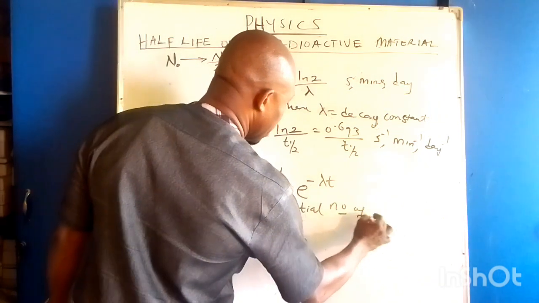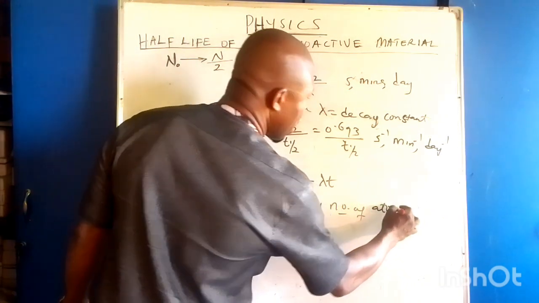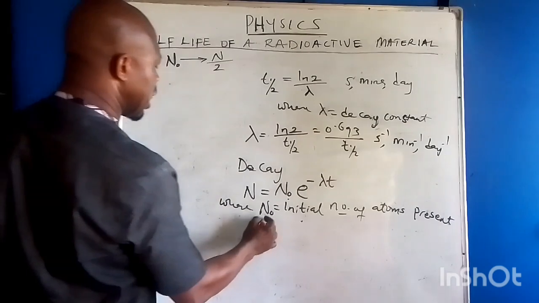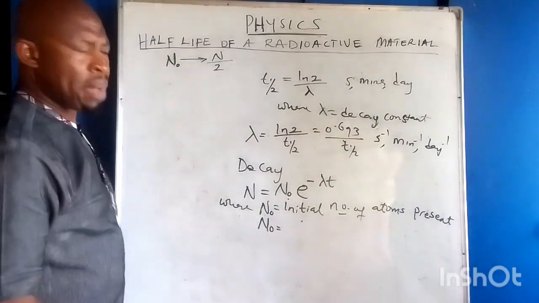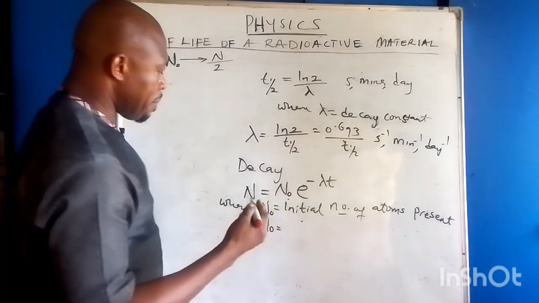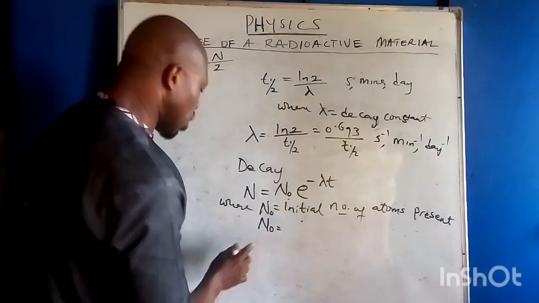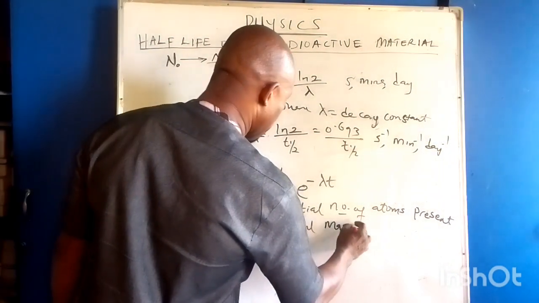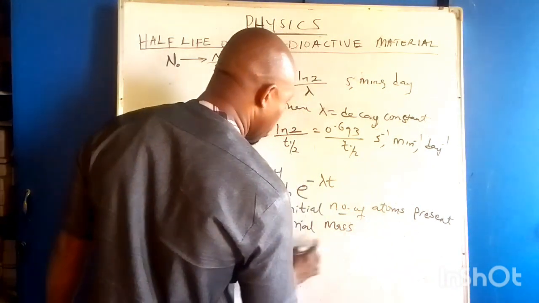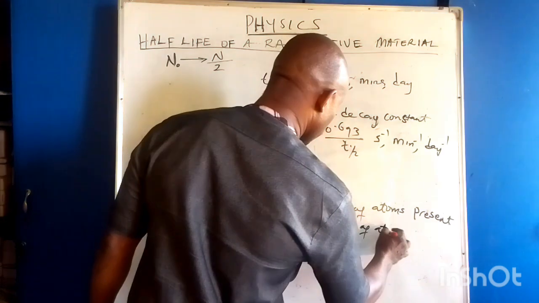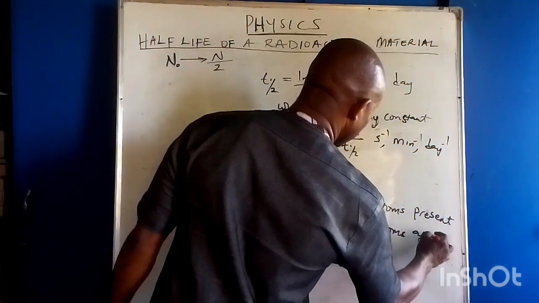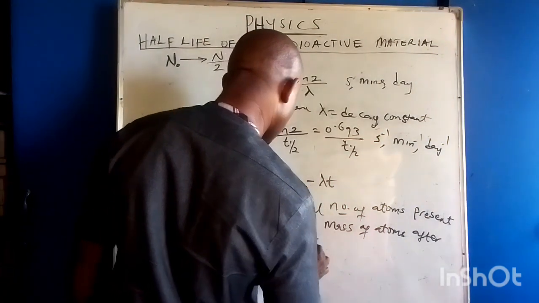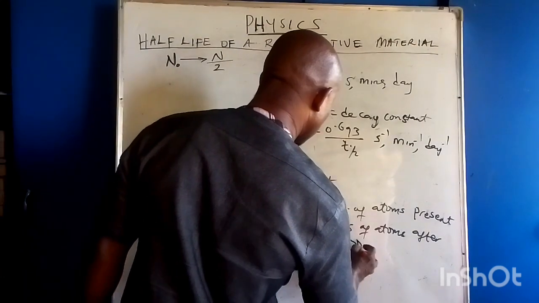N is the final number of atoms or the final mass remaining after the disintegration.